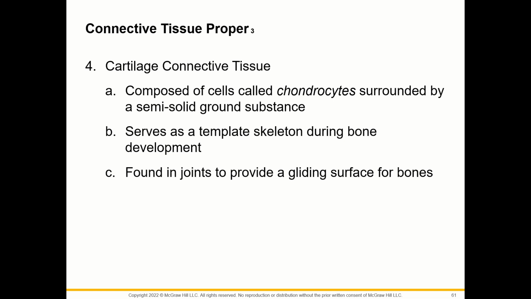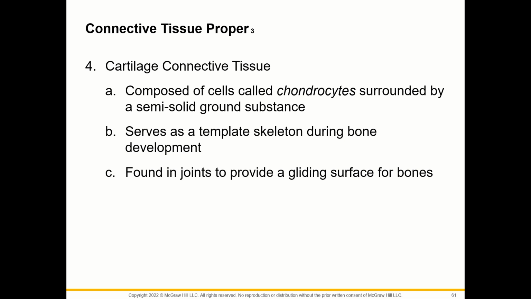All right, so the next type of connective tissue is cartilage connective tissue. And so this is composed of cells called chondrocytes surrounded by a semi-solid ground substance. And cartilage serves as the template for the skeleton during bone development, and it's found in joints to provide a gliding surface for bones.